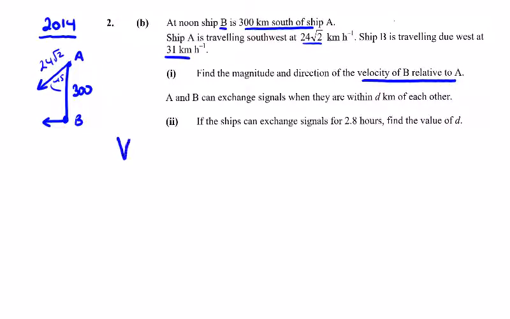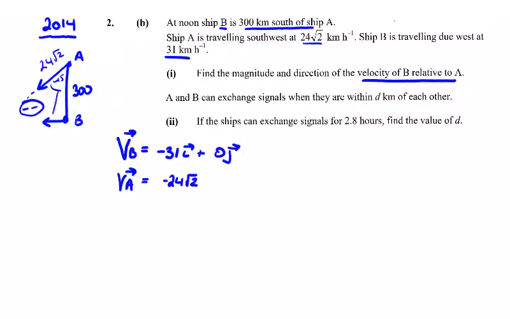So let's look at the velocity of B first. Velocity of B is in the minus i direction, minus 31 in the i direction, plus 0 in the j direction. The velocity of A, it's going down in this direction. It's going to end up in the negative sector, so it's going to be minus 24 root 2.